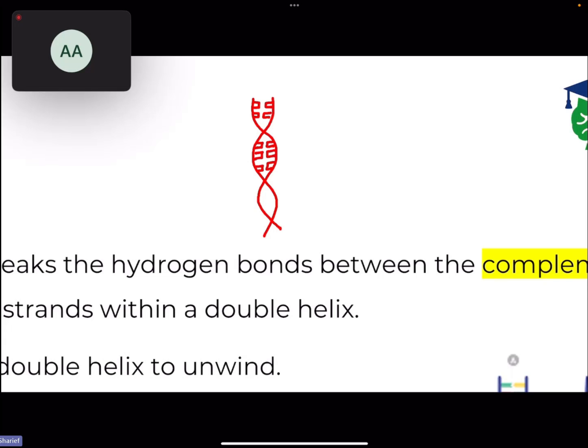We looked at base pairs: A, or adenine, pairs with thymine, and cytosine pairs with guanine. Okay, those are the pairs. So we have A pairs with T and C pairs with G. Those are the base pairs of DNA.